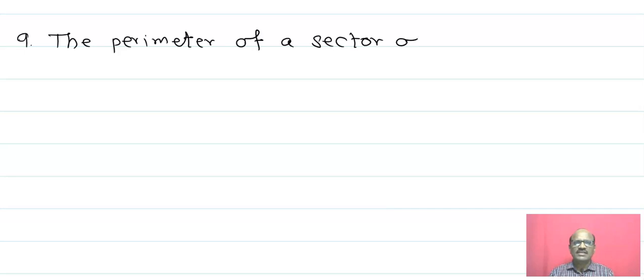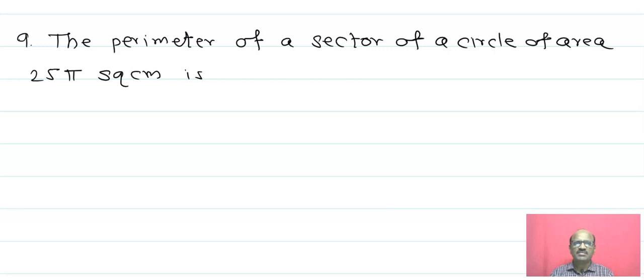Now next problem, number 9. The perimeter of a sector of a circle of area 25 pi square centimeter is 20 centimeter.